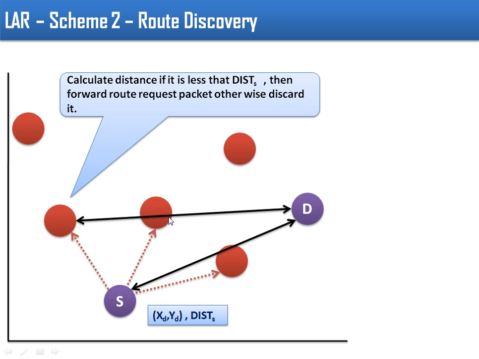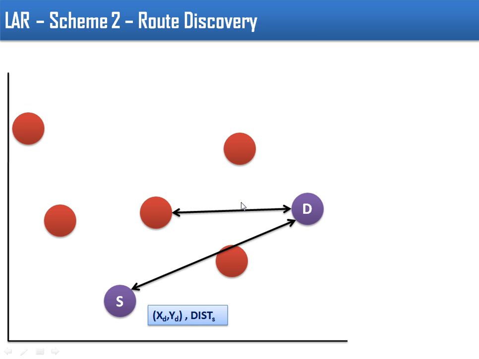If this distance is less than the distance between S and D, which is included in the request packet, in that case it will broadcast the packet, otherwise it will discard. So here we can see this distance is actually greater than this distance, so this node will not broadcast any request packet.